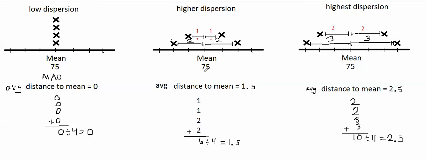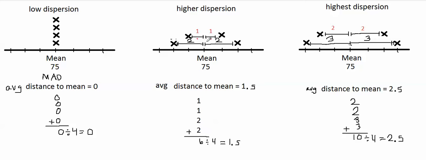And when you're calculating the MAD, you calculate the mean of everyone's exam scores. I'm sorry, I didn't say that right. To get the MAD, you calculate the mean of everyone's absolute deviations.